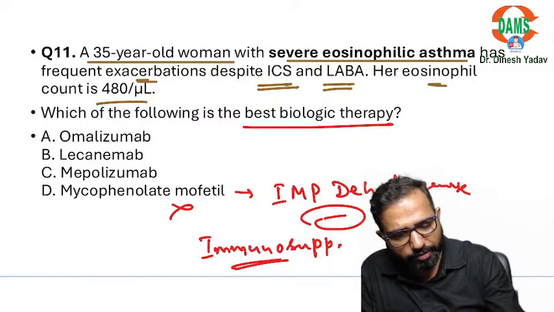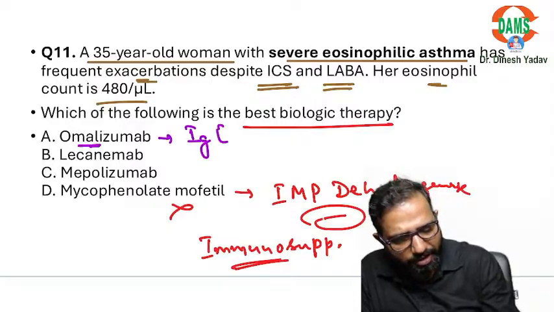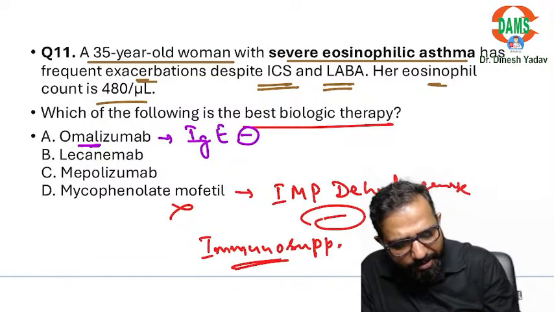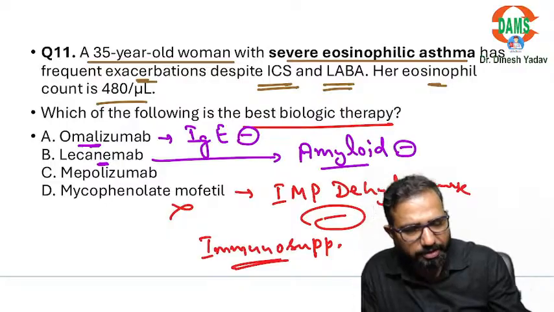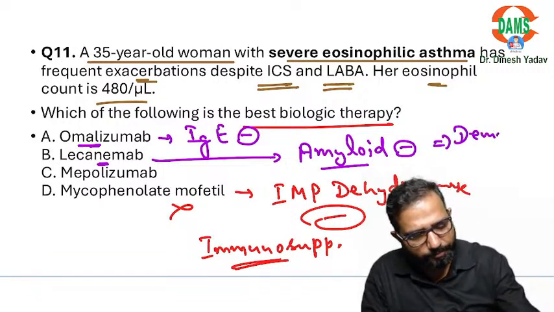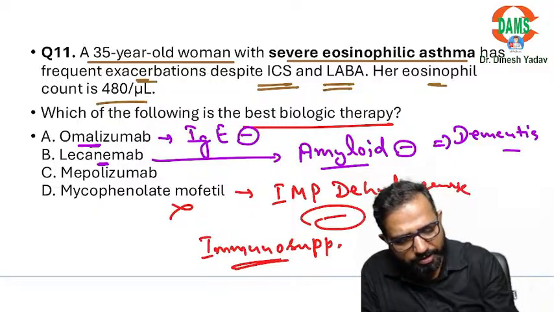Out of these drugs, omalizumab is an IgE inhibitor. Lecanemab is for the nervous system, targeting the amyloid plaques. That is an amyloid inhibitor for dementia patients. And mepolizumab is an interleukin 5 inhibitor.